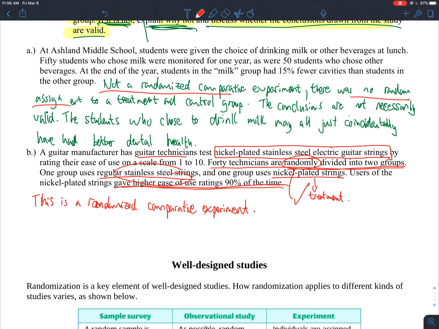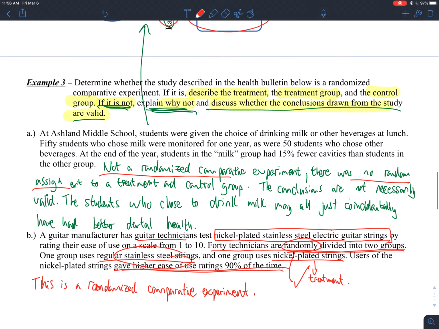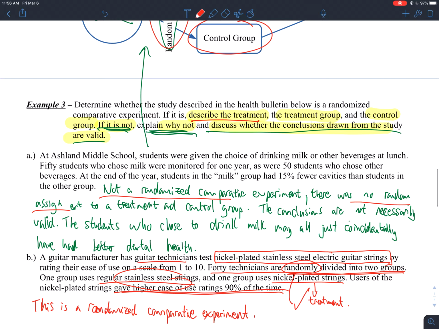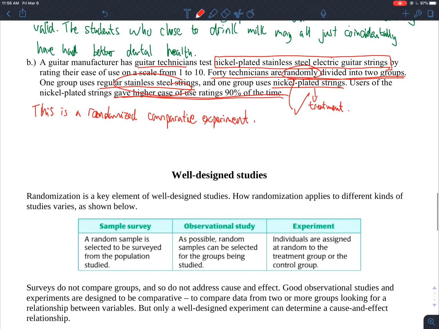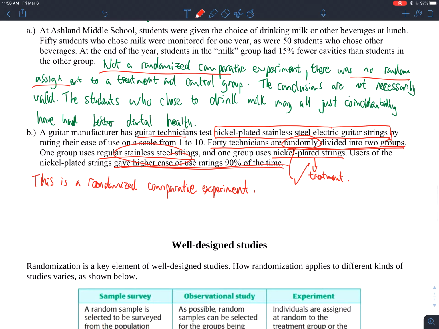Okay, and then it said, what should we do? Describe the treatment group, and control group. Okay, treatment is nickel-plated strings.